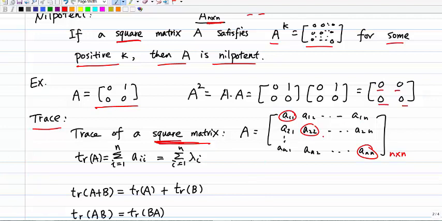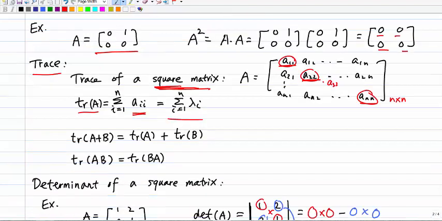The diagonal entries are the first row and first column, the second row and second column, the third row and third column, and so on until the nth row and nth column. The trace of A is defined by the sum of the diagonal entries, which also equals the sum of the eigenvalues. We'll talk about eigenvalues later on.